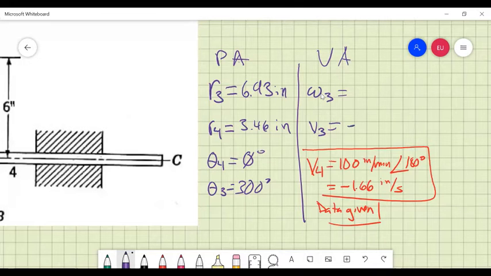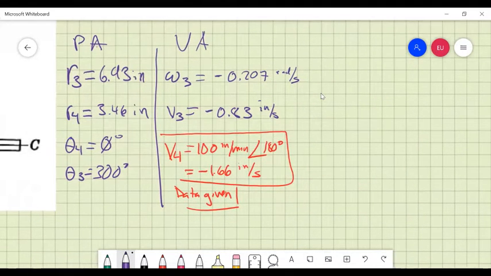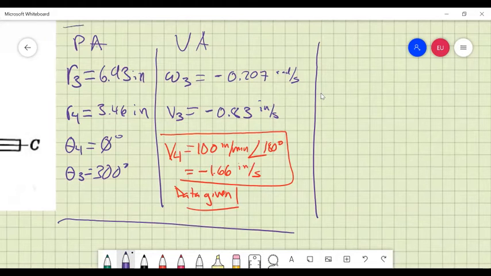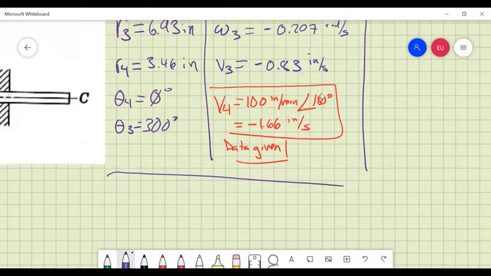And for omega 3, it was minus 0.27 radians per second. Okay, this was solved before. You can check the video if you don't remember where this comes from, but it was the velocity solution.